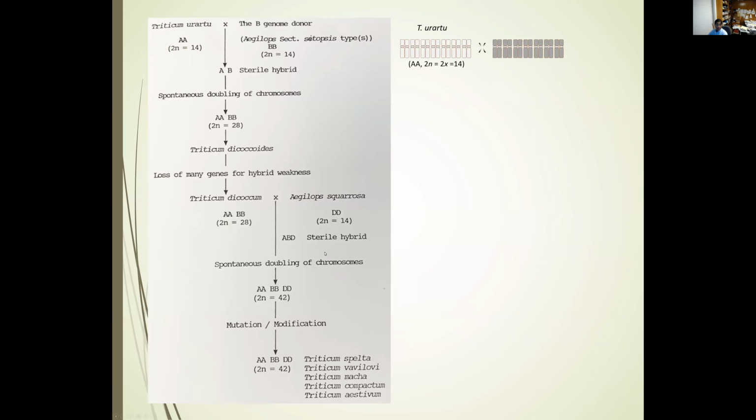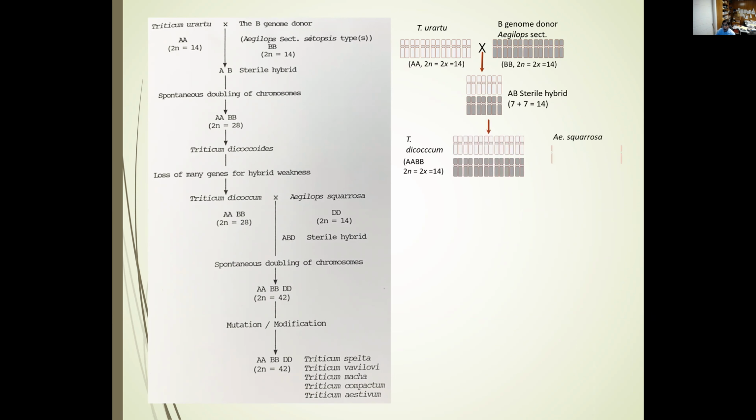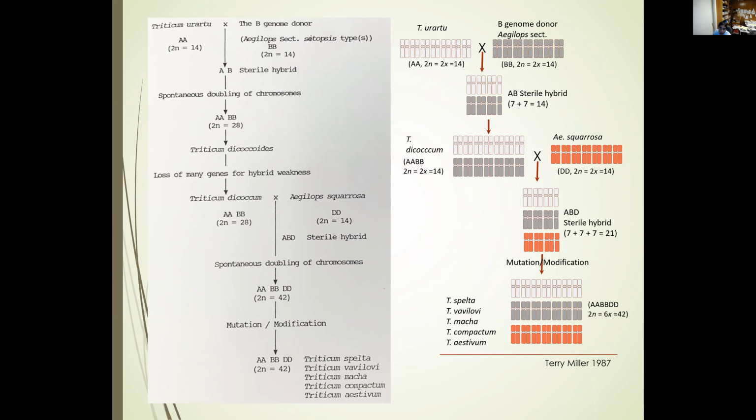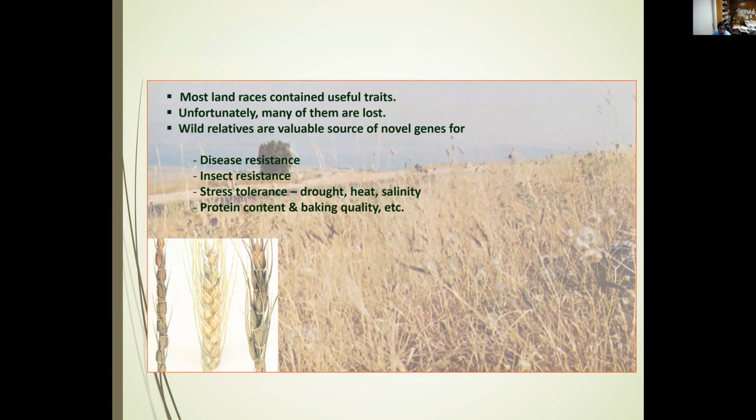I'm not going to spend much time on this slide, but you all know how wheat evolved through different genomes: there's A, B, and D. The B genome from the wild is probably lost. Most of the landraces, as we know, are probably gone.